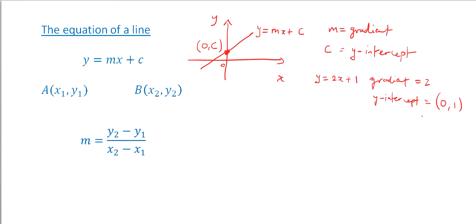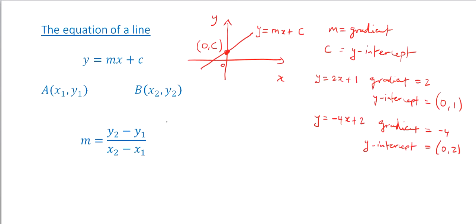So the y-intercept is a point, therefore it has a coordinate, so it's 0, 1. If we have y is equal to minus 4x plus 2, then the gradient of this line is equal to minus 4, and the y-intercept is equal to 0, 2.